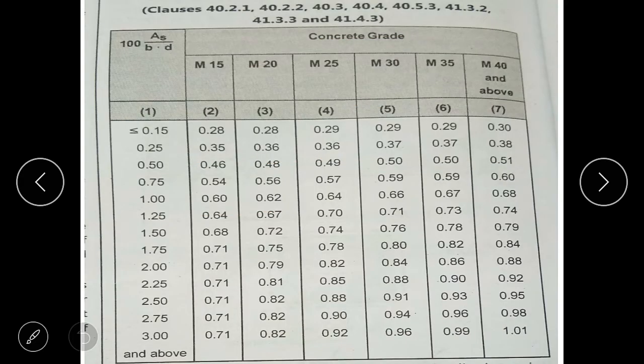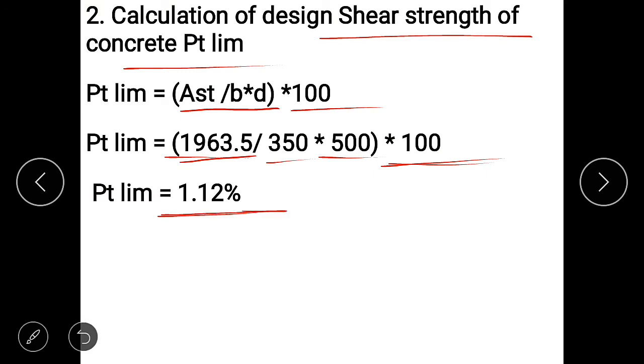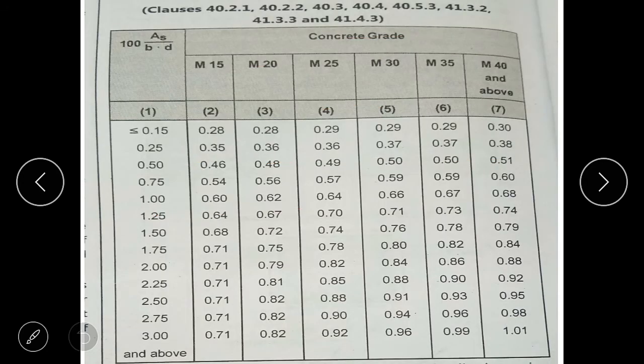So by using this table, our value is 1.12. In this table, percentage is given, but there is no value for 1.12. Here one value is 1 and another value is 1.25.